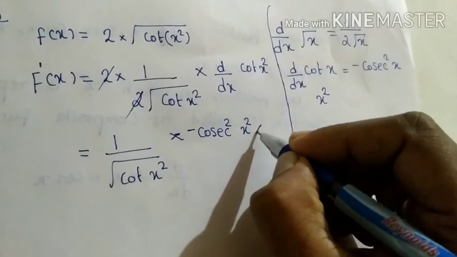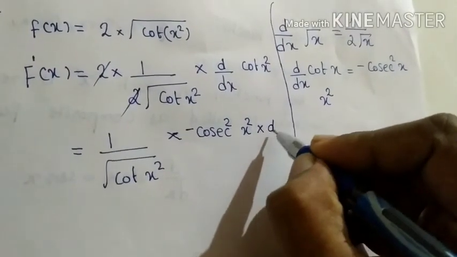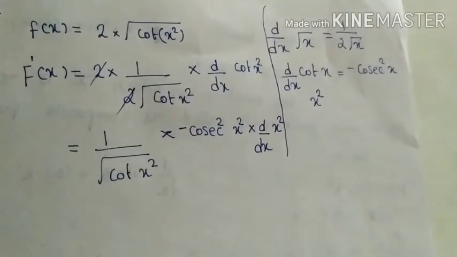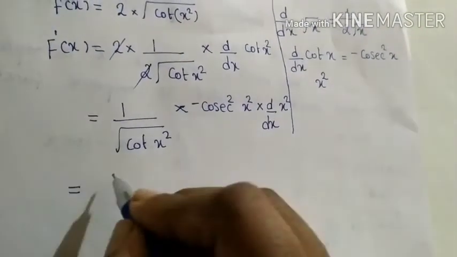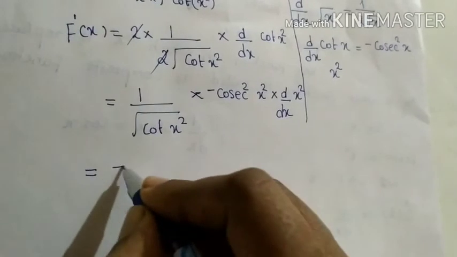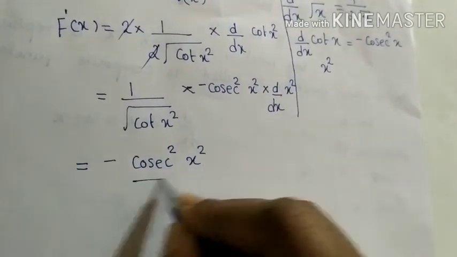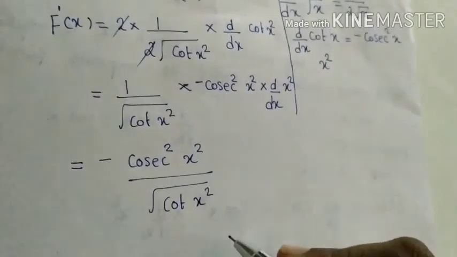So next we are going to write derivative of x square here, which will be equal to minus cosec square of x square divided by root of cot x square.